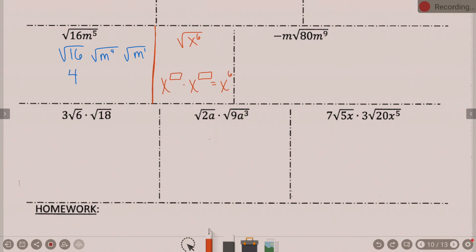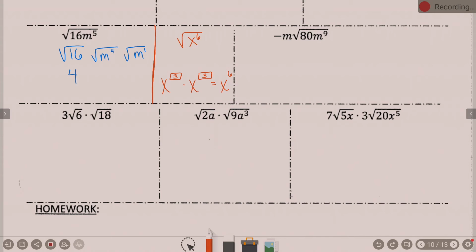You just add, like 3 plus 3 equals 6. So when we're multiplying with like bases, we're adding the exponents. What number plus itself equals 6? 3. So x to the 3rd times x to the 3rd equals x to the 6th.